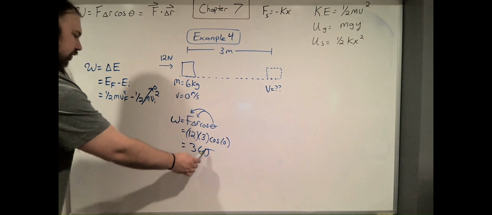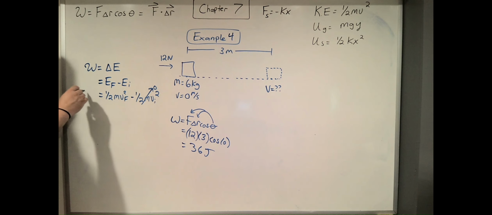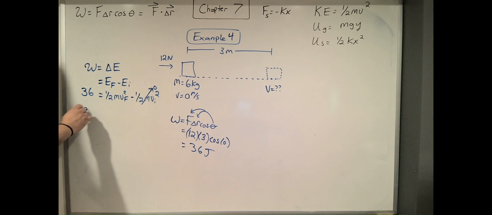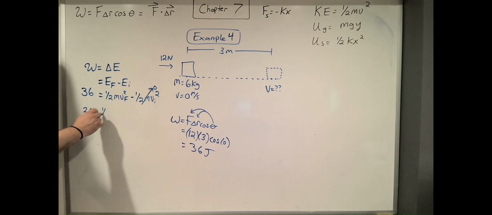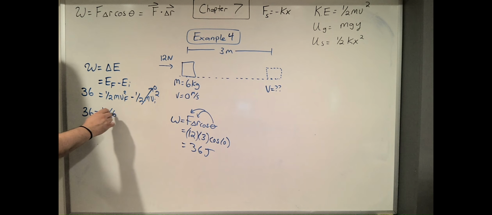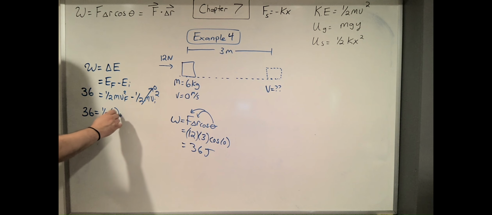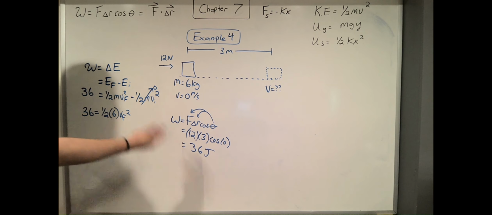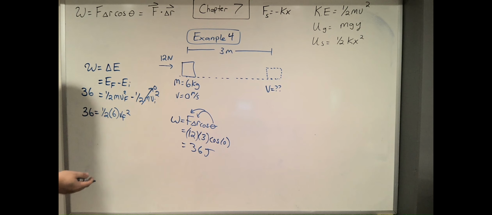If 36 joules is the work, it means I can put in 36 here for work. All right, now I'll have 36 is equal to 1/2 times my mass of 6 kilograms times v final squared. Half of 6 just so happens to bring me to a 3 again. They're not connected, but it just happens to bring me back to a 3.